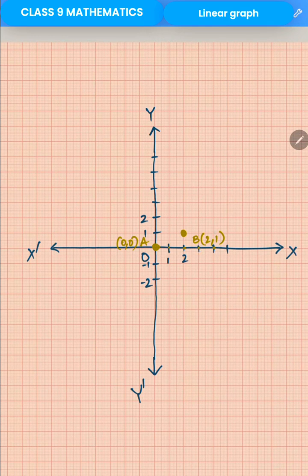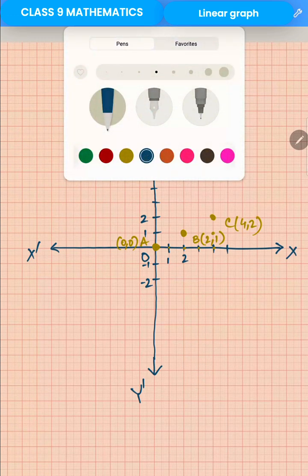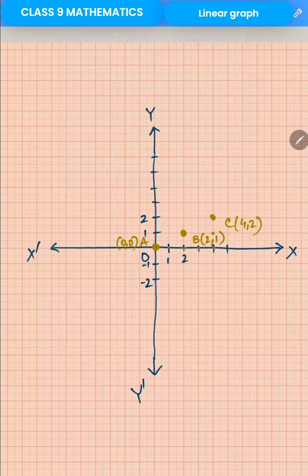Horizontally 4 units and vertically 2 units. Now join these 3 points by a straight line. Remember to put an arrow on both sides of the line. This line is representing the linear equation y is equal to 1 by 2x.